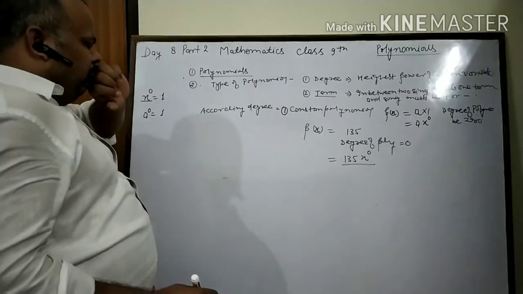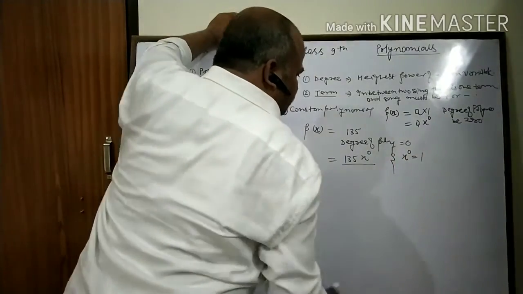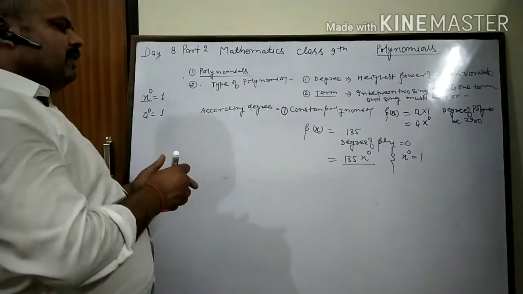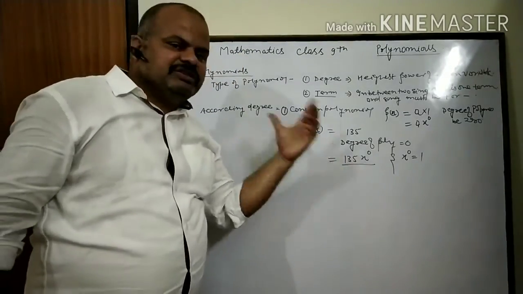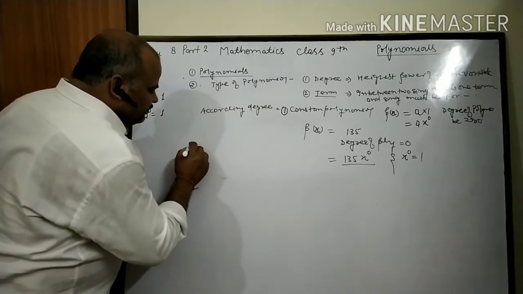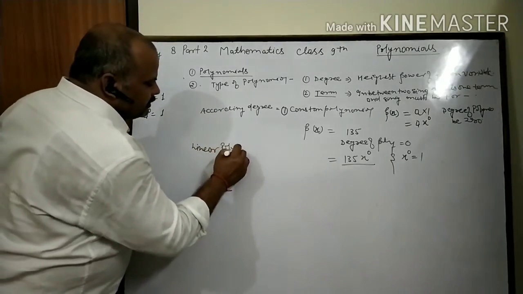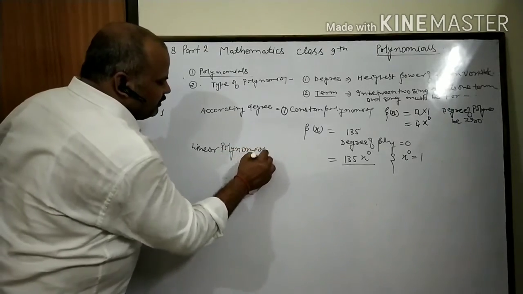Here you know that x to the power 0 is equal to 1. Clear? Then it is called the constant polynomial. Then after, linear polynomial.